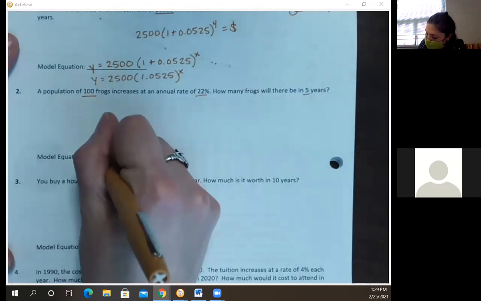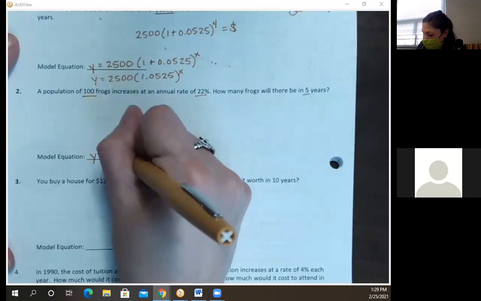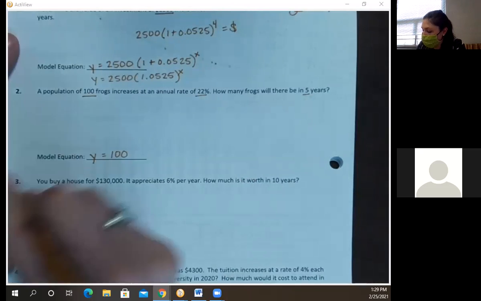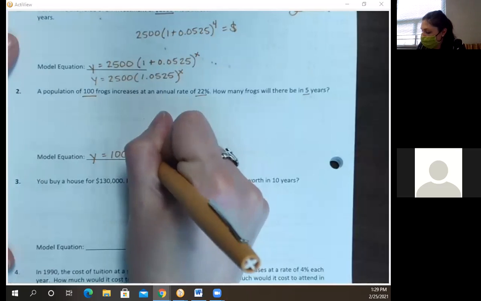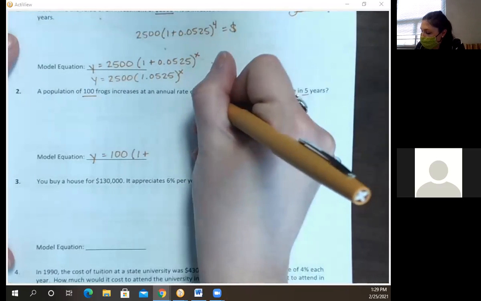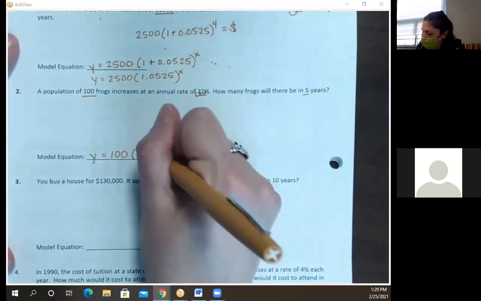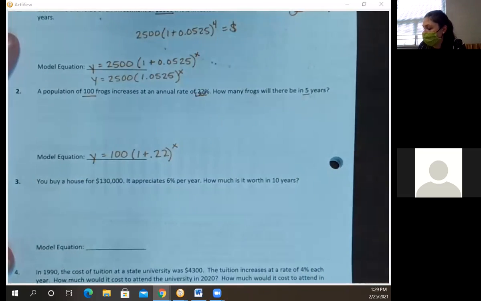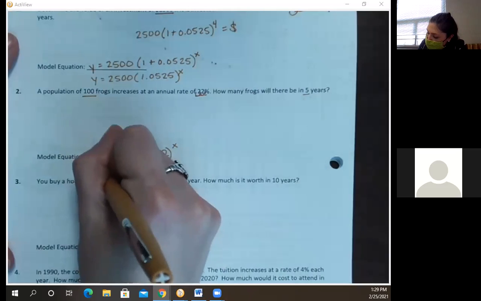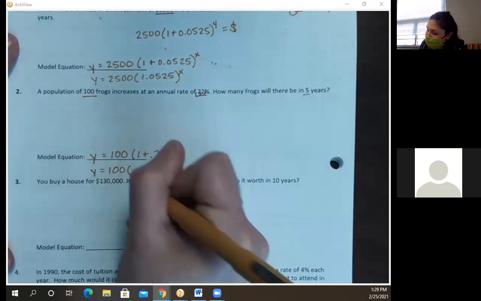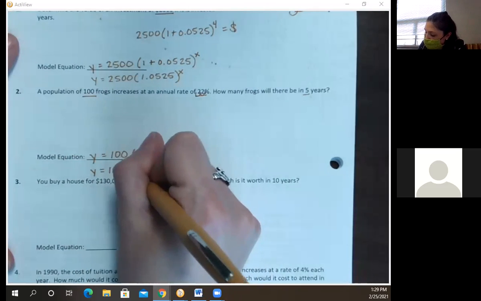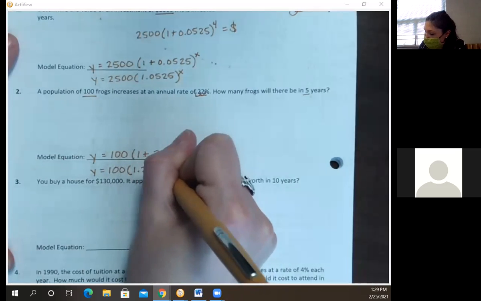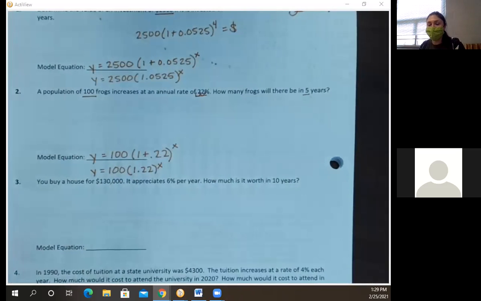So y equals 100, since that's our initial amount of frogs, times 1 plus 22% as a decimal, so I move the decimal 2 places, 0.22, to the x. Then you would plug 5 in for x to figure out how many frogs you have. And again, the other option would be to add the 1 and the 0.22 to get 1.22 as the base for your exponent.